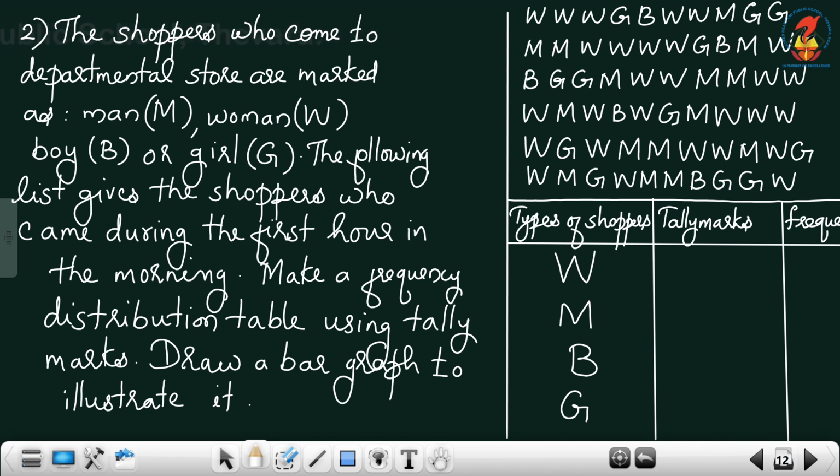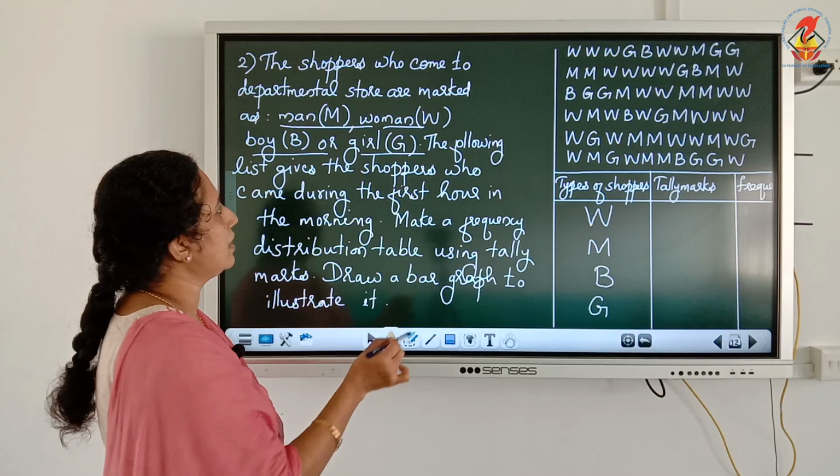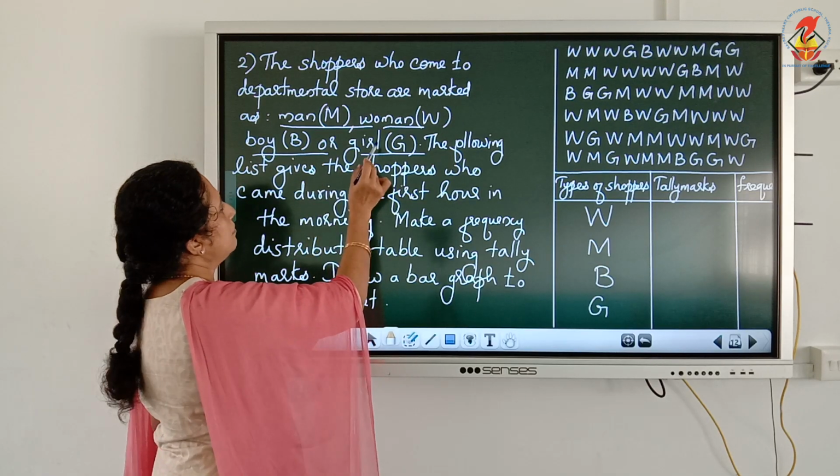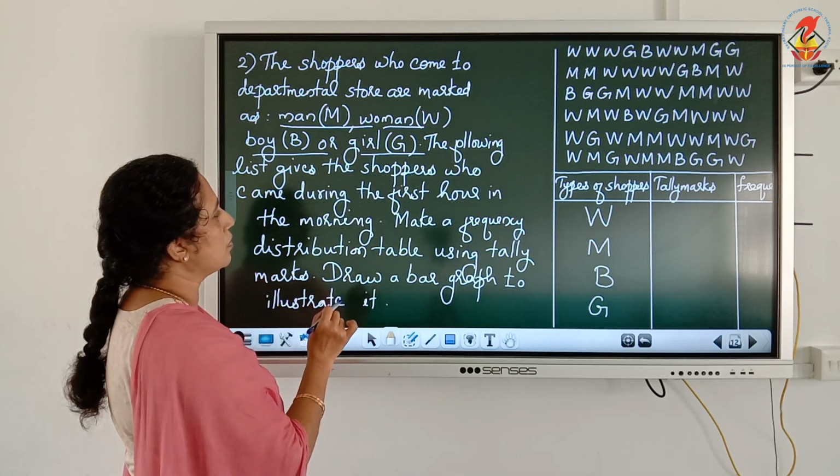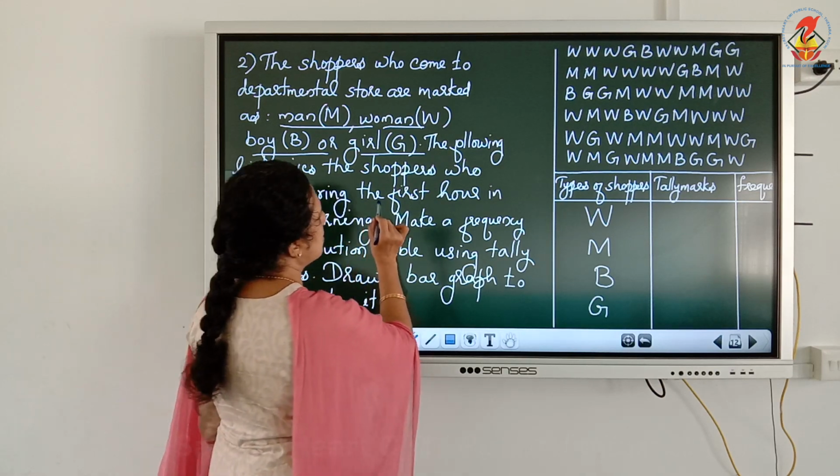Draw a bar graph to illustrate it. So we have different types of shoppers: man, woman, boy and girl.